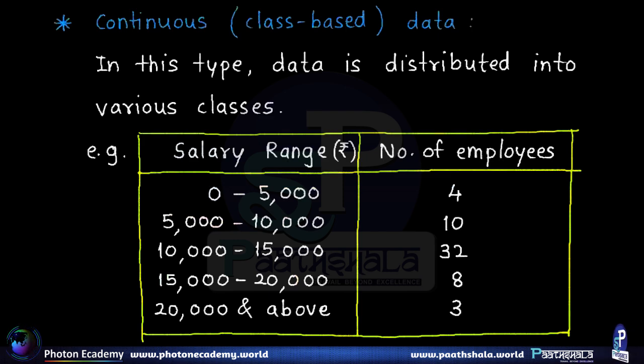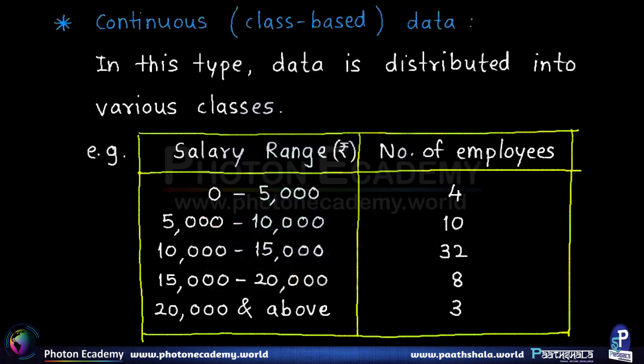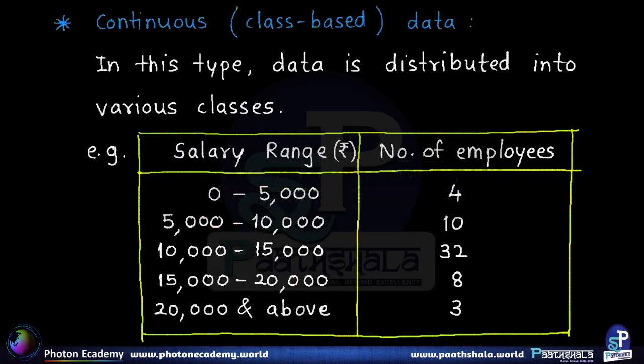The table shows the salary range of employees of some company and the number of employees having salary in that particular range. If you see, 0 to 5,000 has 4 employees. That means there are 4 employees whose salary lies between 0 and 5,000 rupees, and so on with the remaining salary ranges. So this is the continuous data.